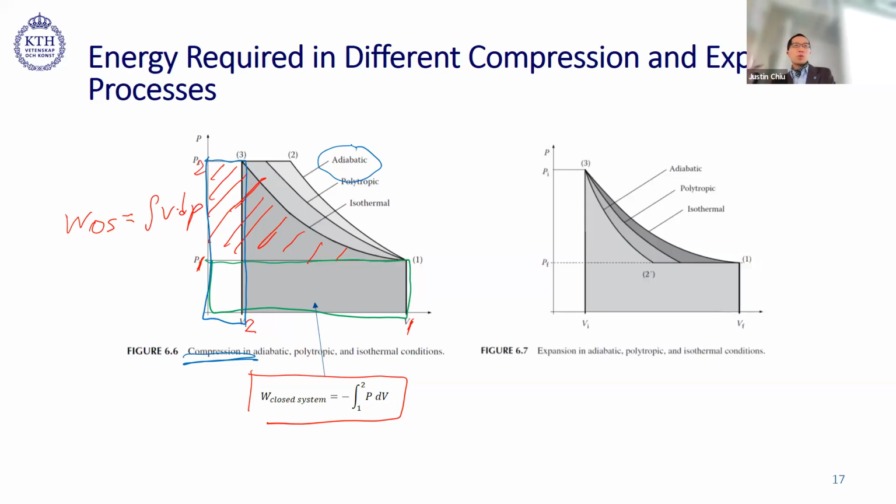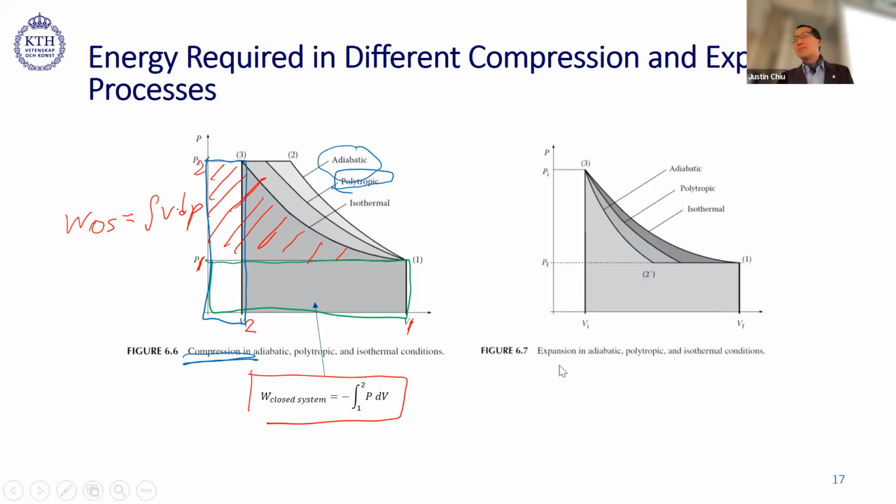You need to provide more energy for your compression, because part of this work or energy is lost as heat. And the polytropic one is the case in between. I would say that's closer to the real case.